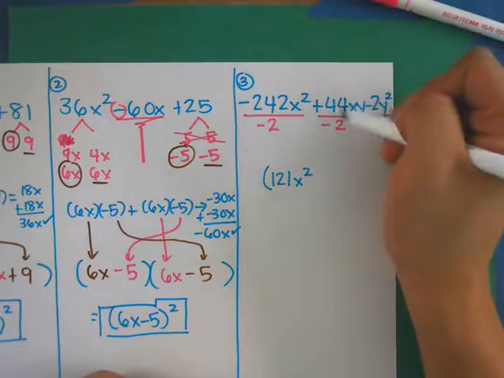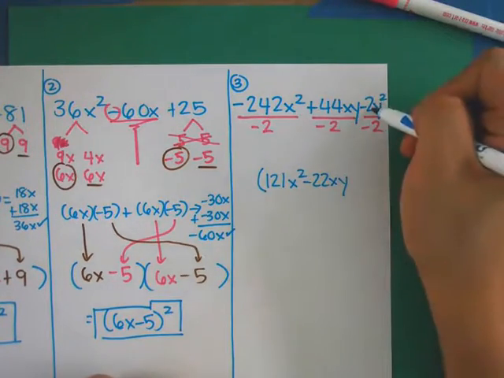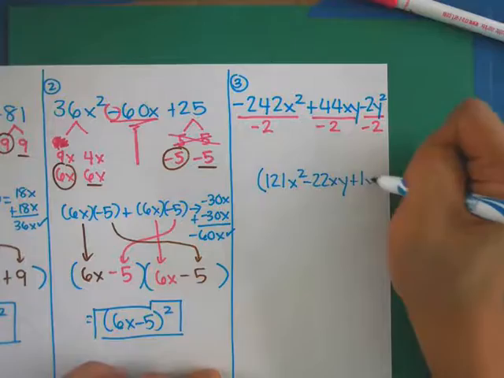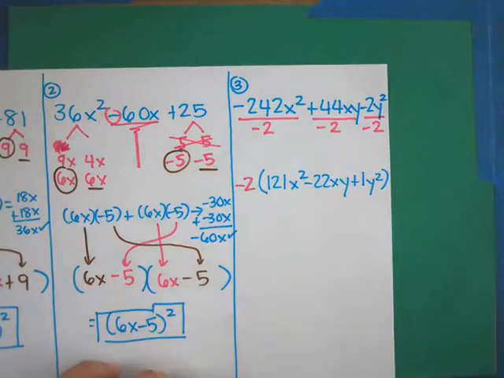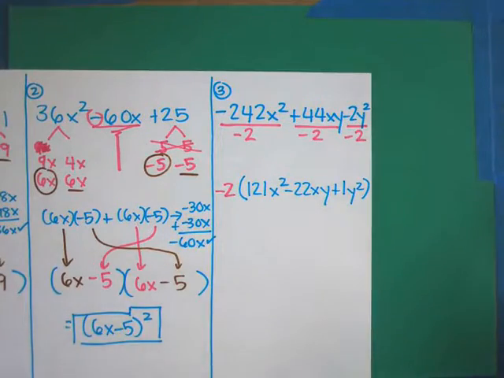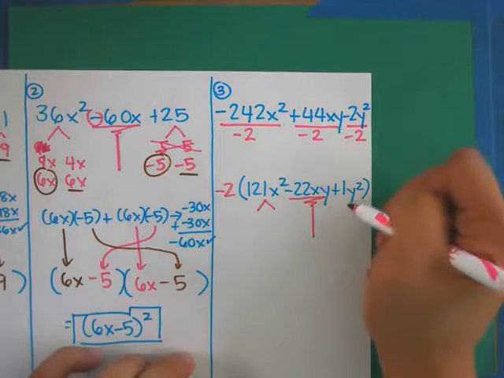Okay, 44 divided by negative 2 is going to be negative 22xy, and then negative 2 divided by negative 2 is going to be positive 1y squared. And then afterwards, don't forget the negative 2 that we extracted. Okay, we can't do any more GCFs, and so we're going to break these.